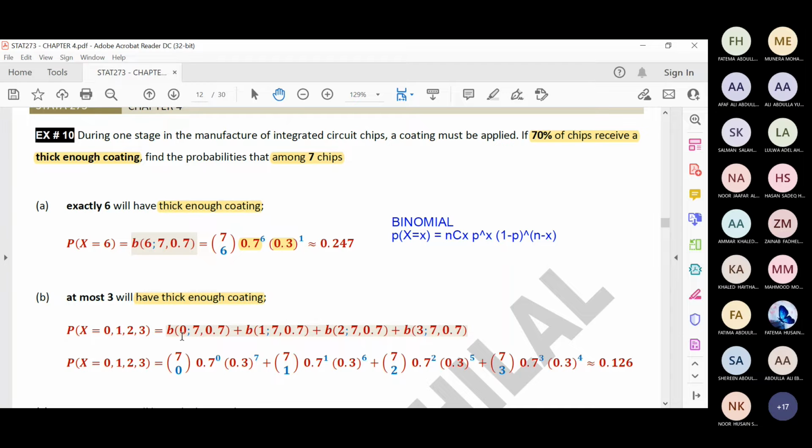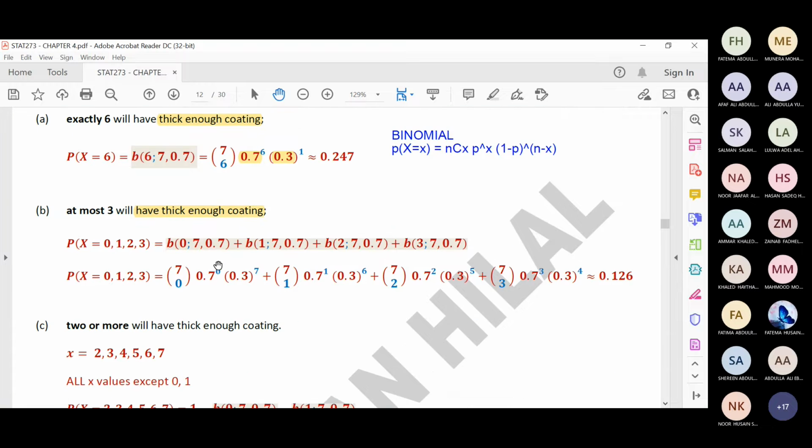Once for 0, once for 1, once for 2, and finally for 3. يعني كم مرة راح نعوض حسب الأرقام اللي أنا كاتبتها. مرة بنعوض بالإكس ب0 ومرة ب1 ومرة ب2 ومرة ب3 and then we will add them. So you see my statement here? I will go to the formula of the binomial distribution where x equals 0. I will go to the same formula where x equals 1. Same formula where x equals 2. Same formula where x equals 3.